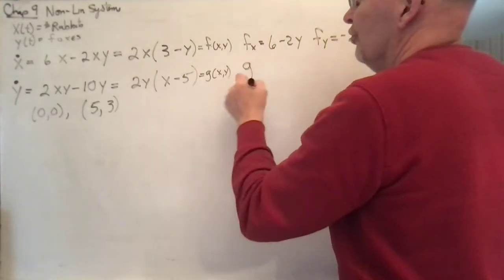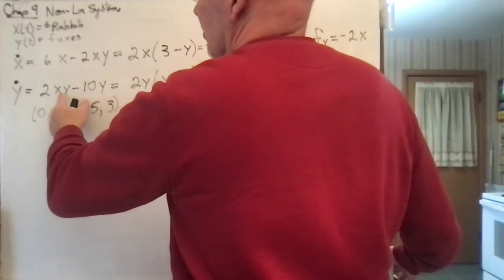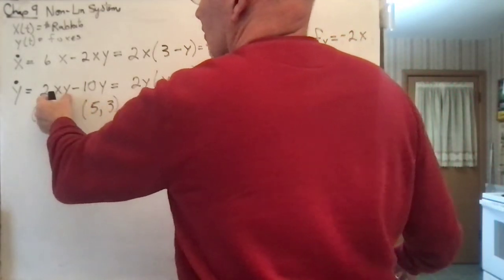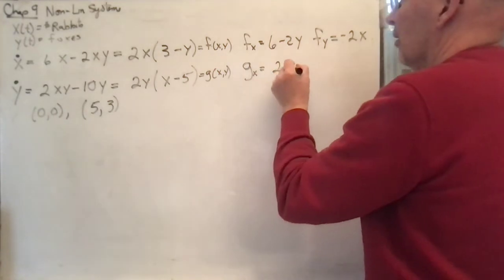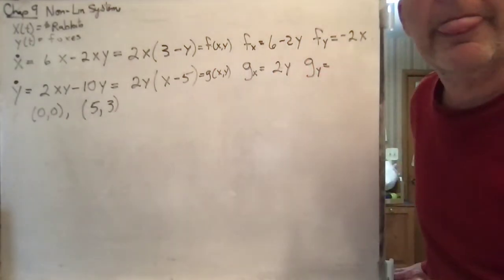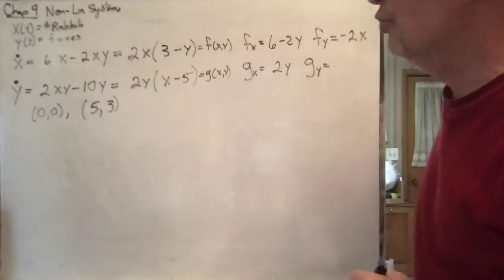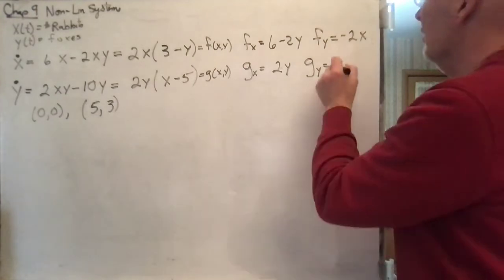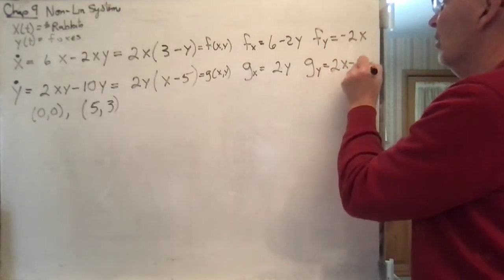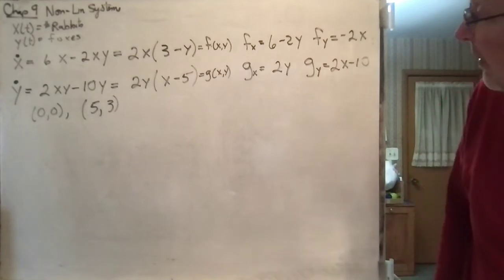The partial of g with respect to x is going to be what? 2y. And the partial of g with respect to y is going to be what? 2x minus 10. Okay?